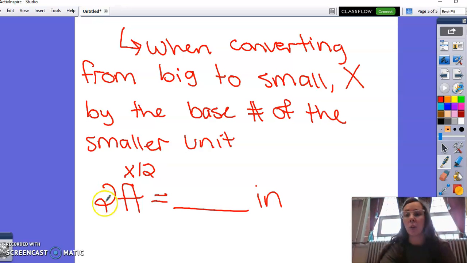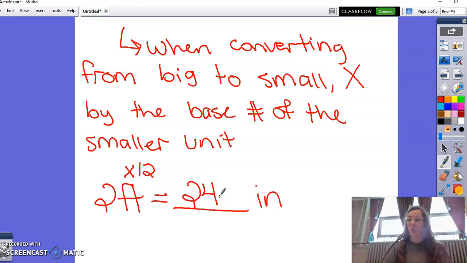So then I will multiply 2 times 12. There's 24 inches in 2 feet. So if I had another ruler, then I would have 24 inches, right? And we could count them up. We know that there's lots of inches inside of 2 feet because inches are small. They take up less space than bigger units like feet. So we need lots of littles to make one big.